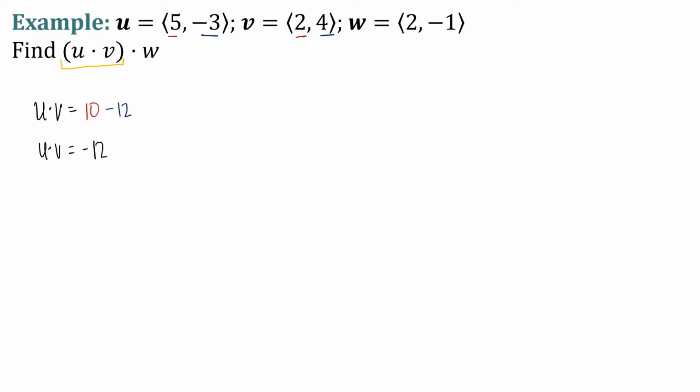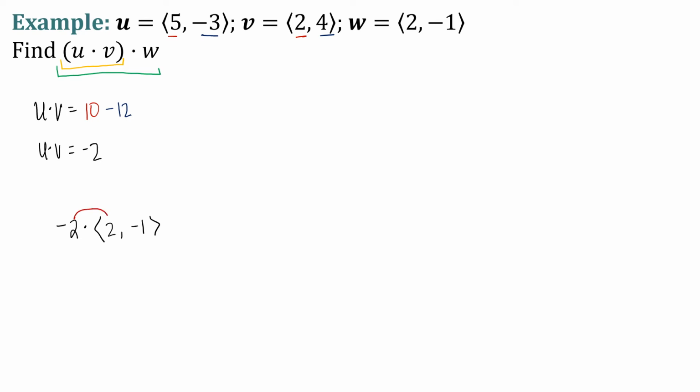So now I can rewrite this entire problem, (u dot v) times w, as negative 2 times the vector w, which is 2, negative 1. Previously in this unit, we learned how to multiply a vector by a scalar.